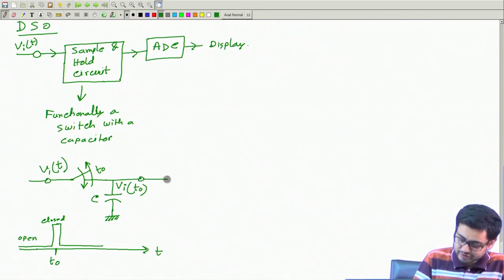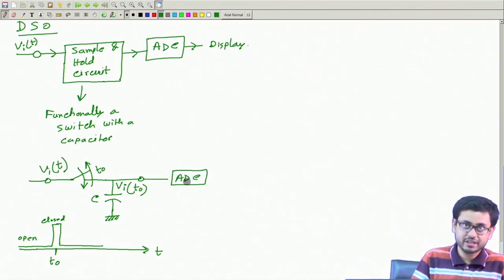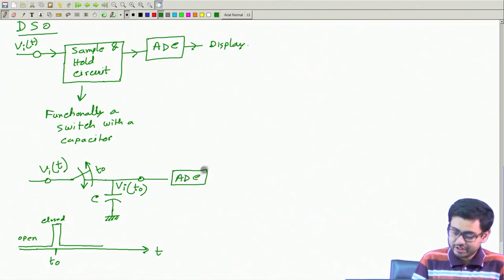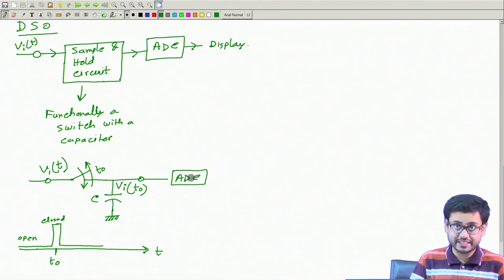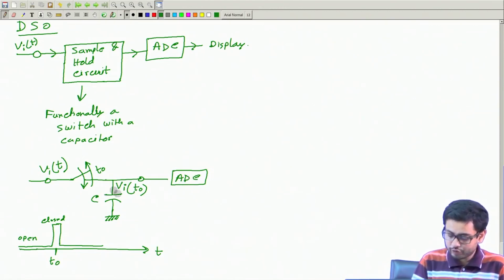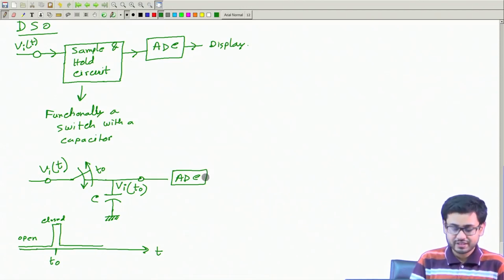And therefore, after this, we can have this ADC. What is an ADC? This is basically a voltage measuring circuit. So this will then measure the value of Vi(t naught), and pass this value in digital form to a computer.